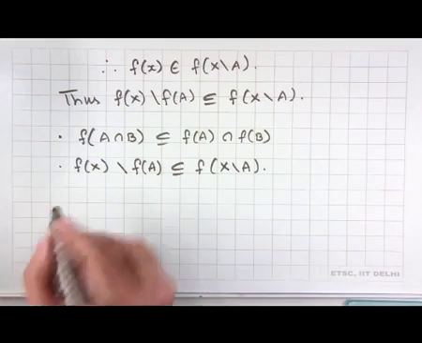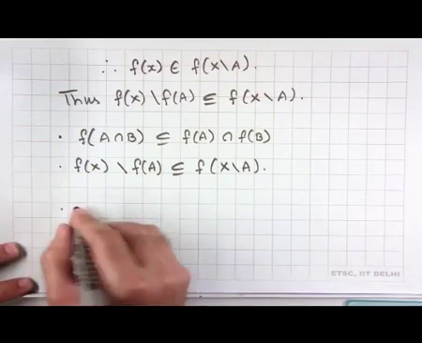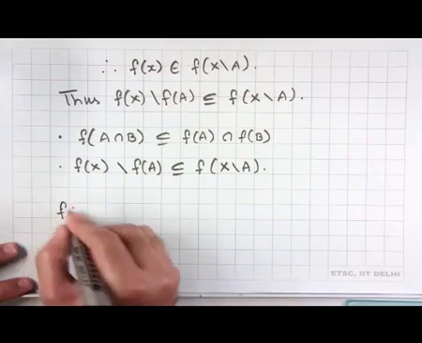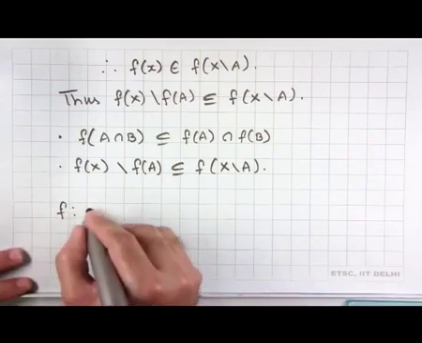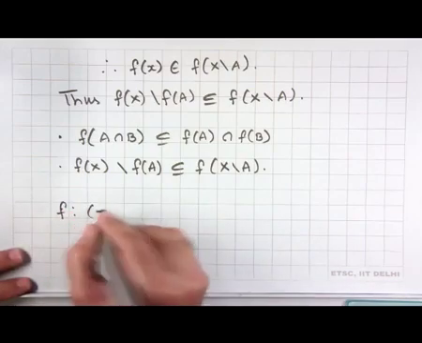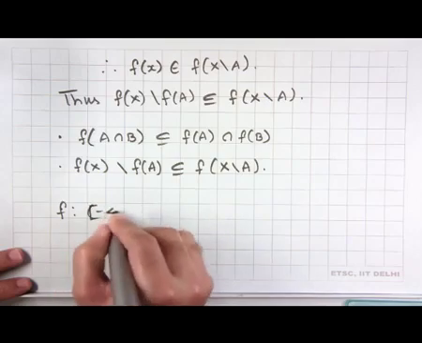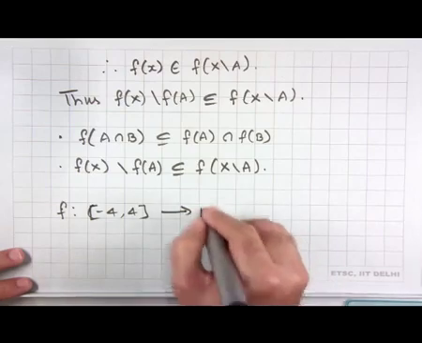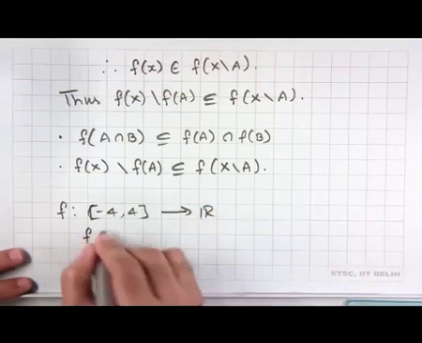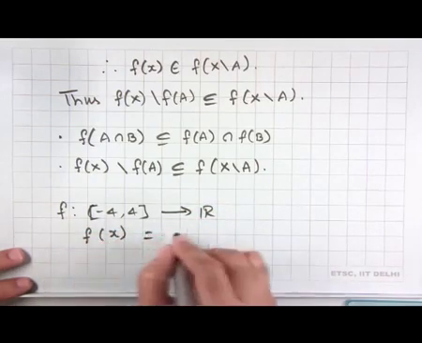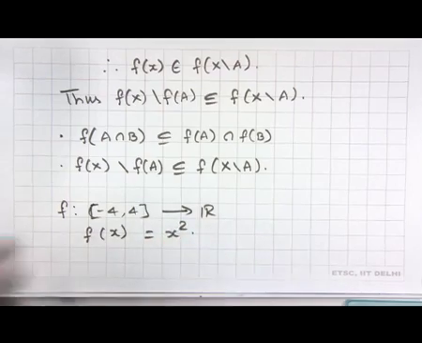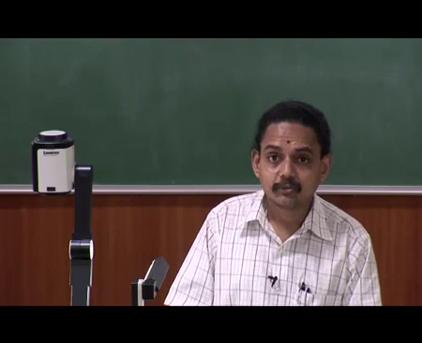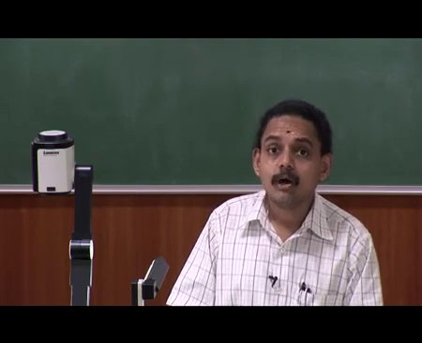Well, let us look at the example that we had. The mapping from [-4, 4] to R given by f x equal to x square. This was the function that we had, but what is lacking in this?